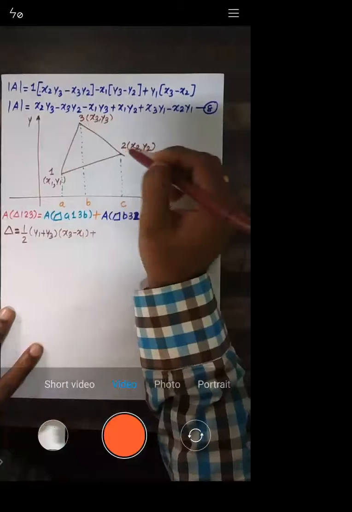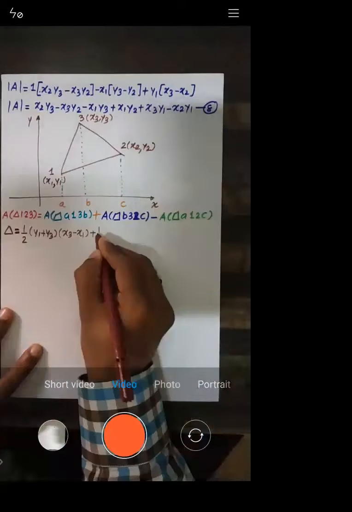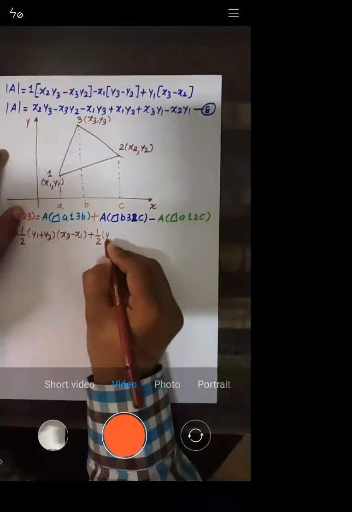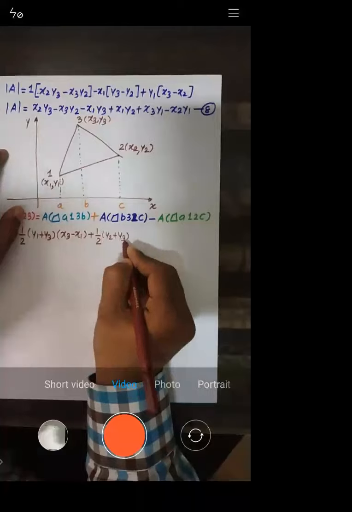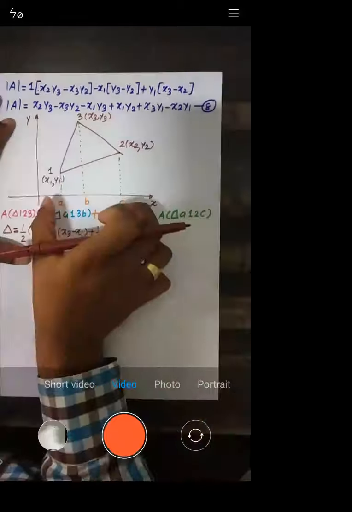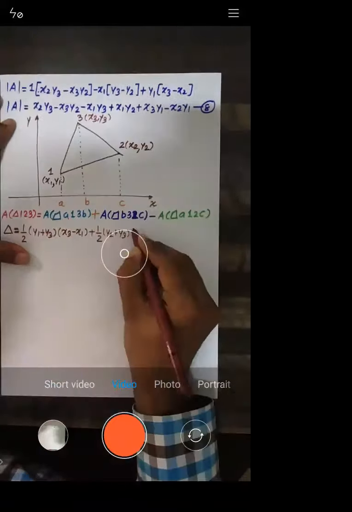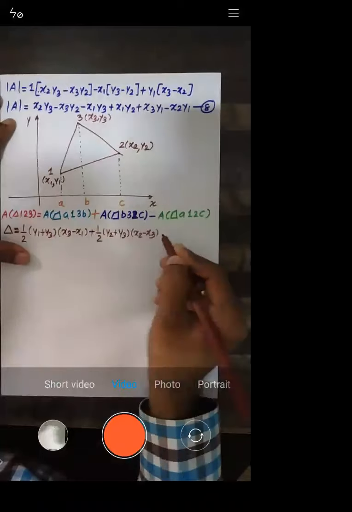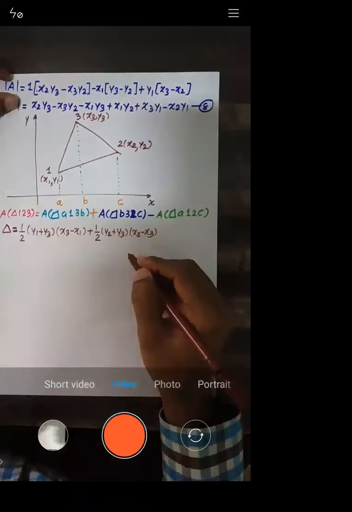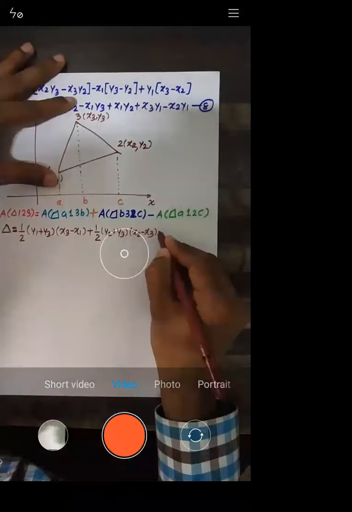Similarly, here the heights are y2 and y3, so we take the average of y2 and y3. And this distance: this is x2 and this is x3, so it is x2 minus x3. Similarly, we do it here with a minus half.